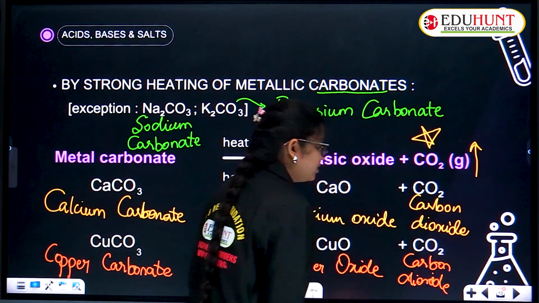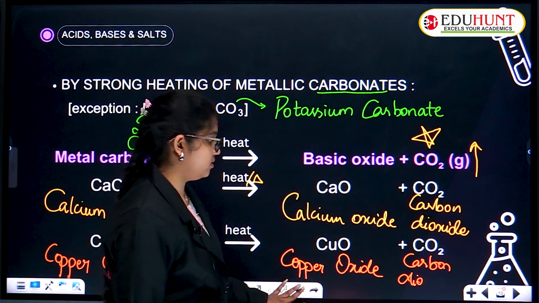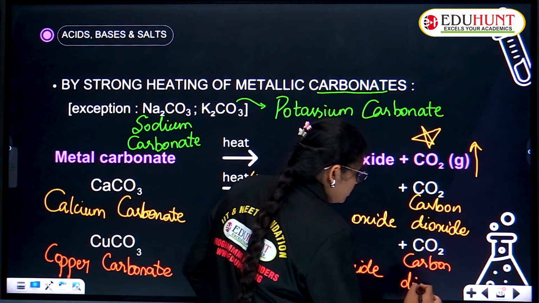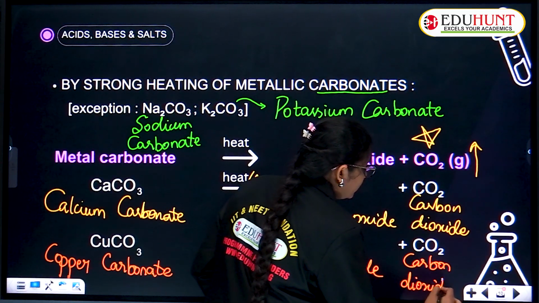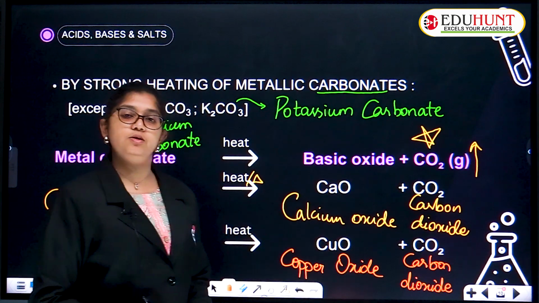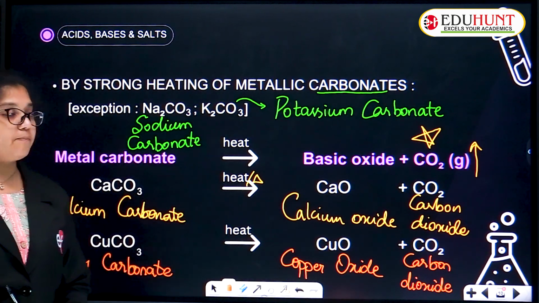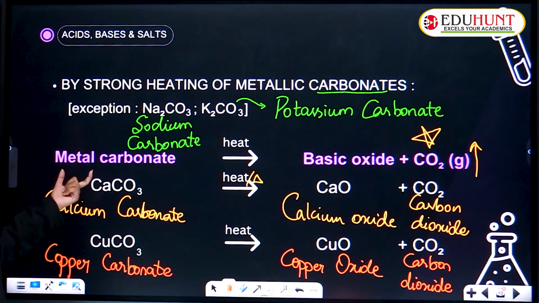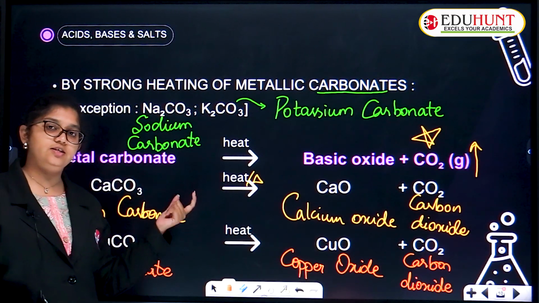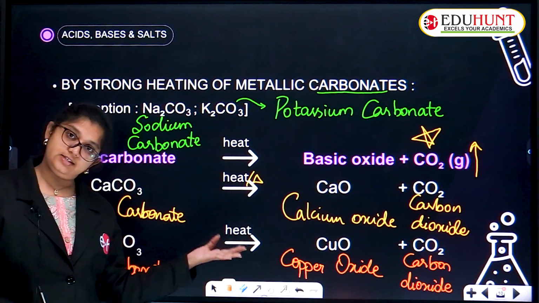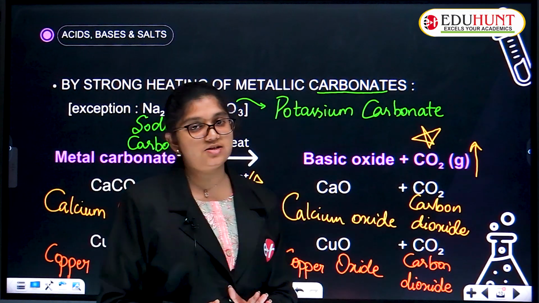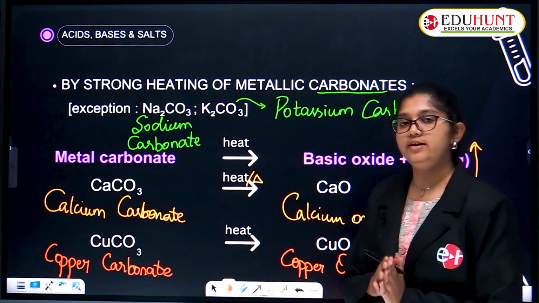Yes, carbon dioxide. Okay, these are the examples for the sixth method for the preparation of base. By taking a metal carbonate and adding strong heating, we get a basic oxide and also carbon dioxide gas.